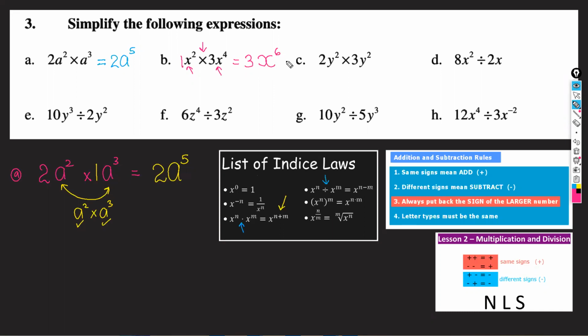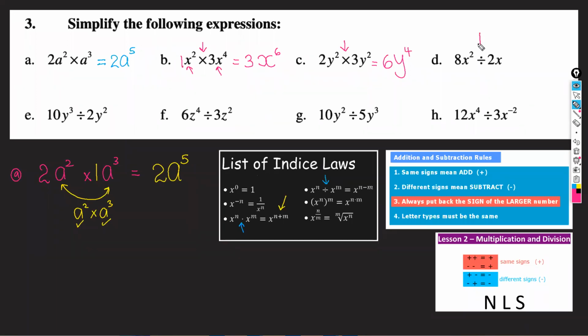So I'm hoping you get 6 here, and I'm hoping you didn't put 8 by mistake, because it's easy for your brain to say 2 multiplied by 4 is 8. But you're supposed to add the powers. C, do the values first. 2 by 3 is 6. And y and y multiply. So again, y to the power 4. 2 plus 2 is 4.